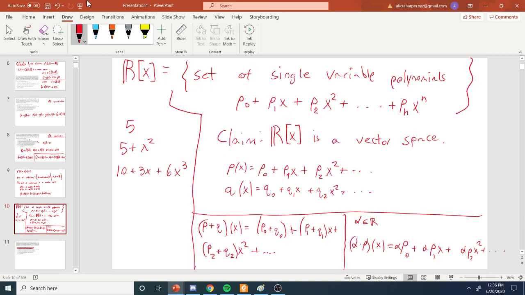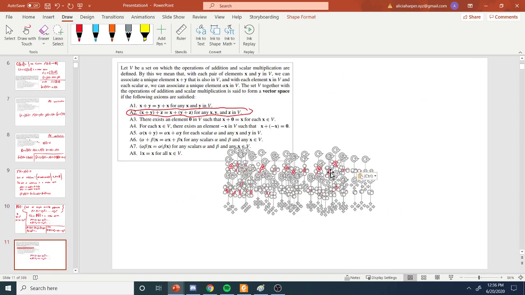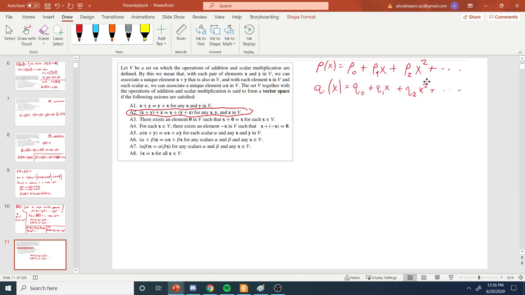So let's go back here and copy my two vectors, or my two polynomials. And I'm going to add a third one, and this will be r of x, and it will have coefficients r naught plus r1 x plus r2 x squared and so on.